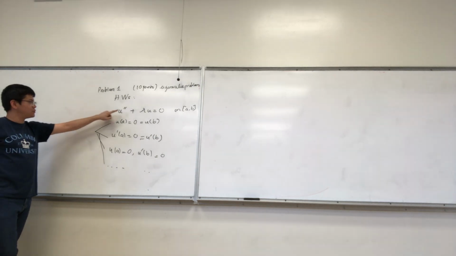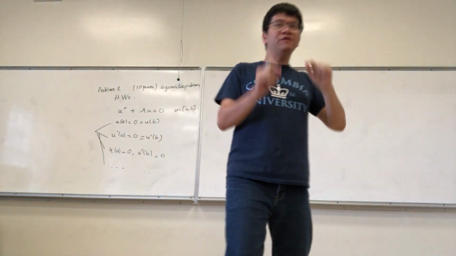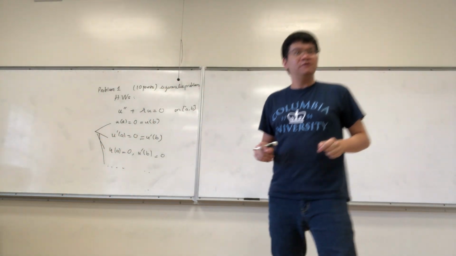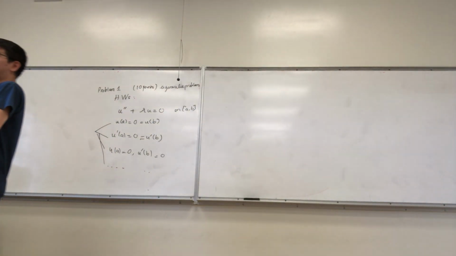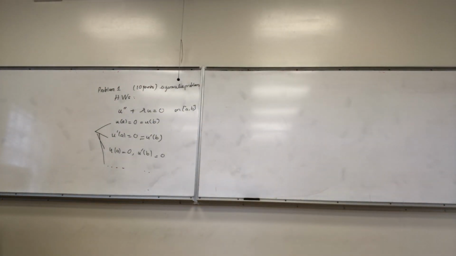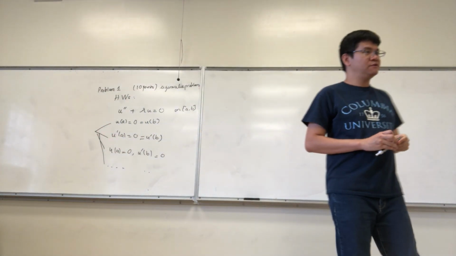You're going to solve u second plus lambda u is equal to 0. The only difference is the boundary condition. You plug several kinds of boundary condition here, and you get different lambda, but the framework is the same. What I'm checking is if you understand how to find eigenvalues and eigenfunctions.